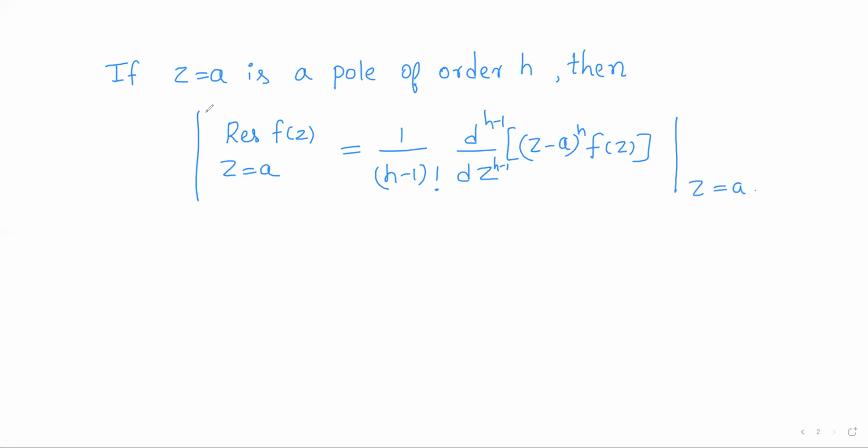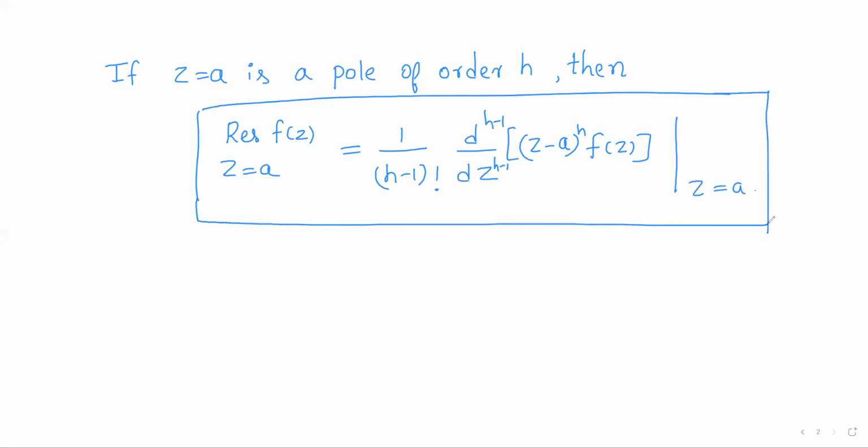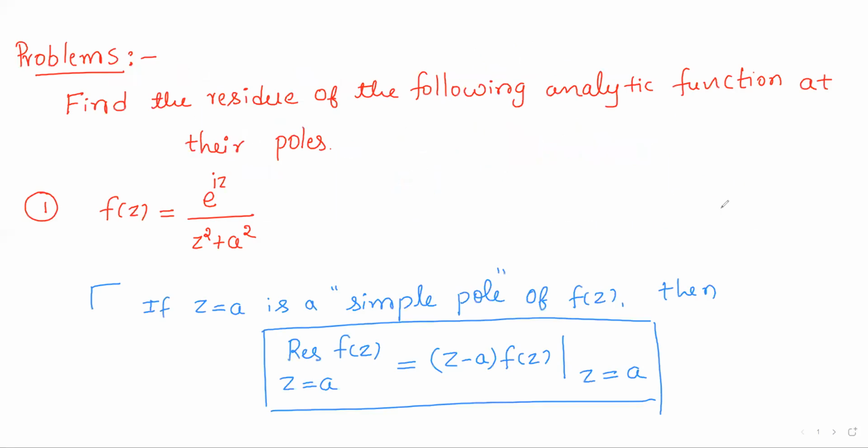So this is the formula to calculate the residue of an analytic function at a pole of order h. Right. So now, based on these two formulas, we shall solve some of the problems.